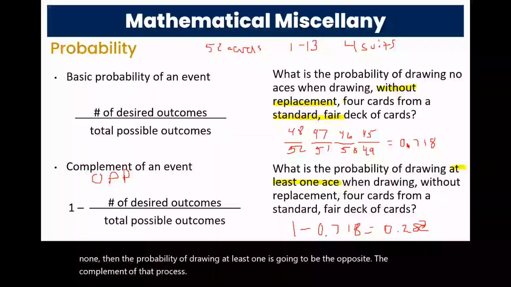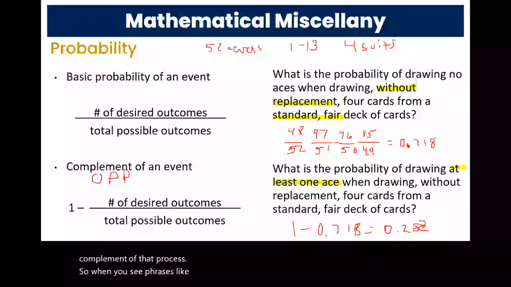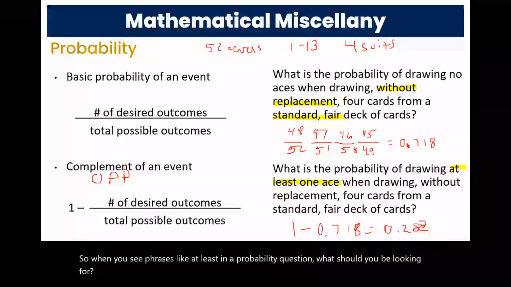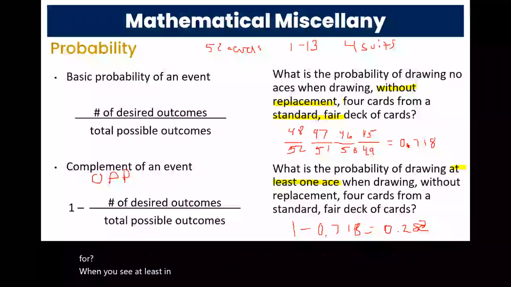So when you see phrases like "at least" in a probability question, what should you be looking for? When you see "at least" in a question like this, what should you be looking for?